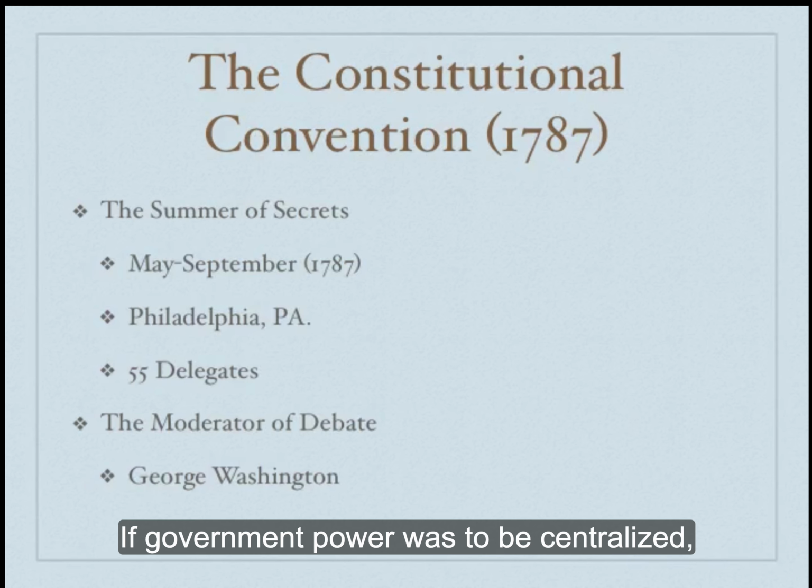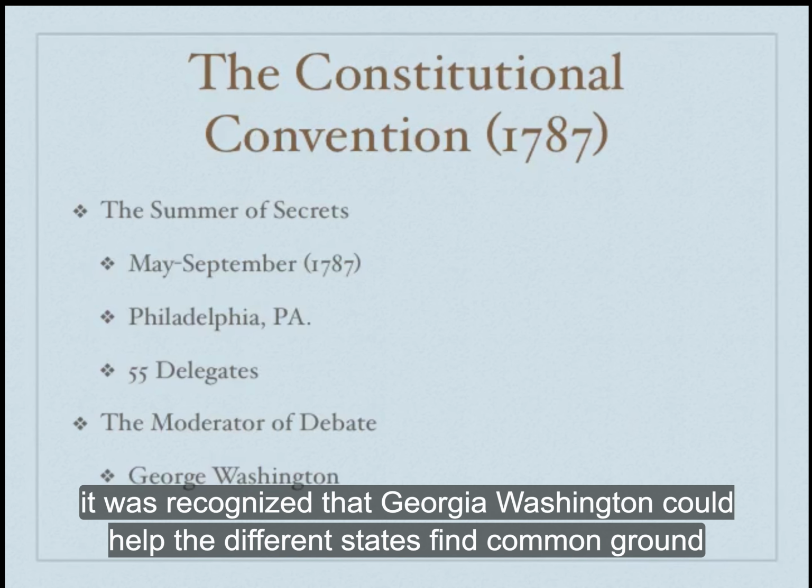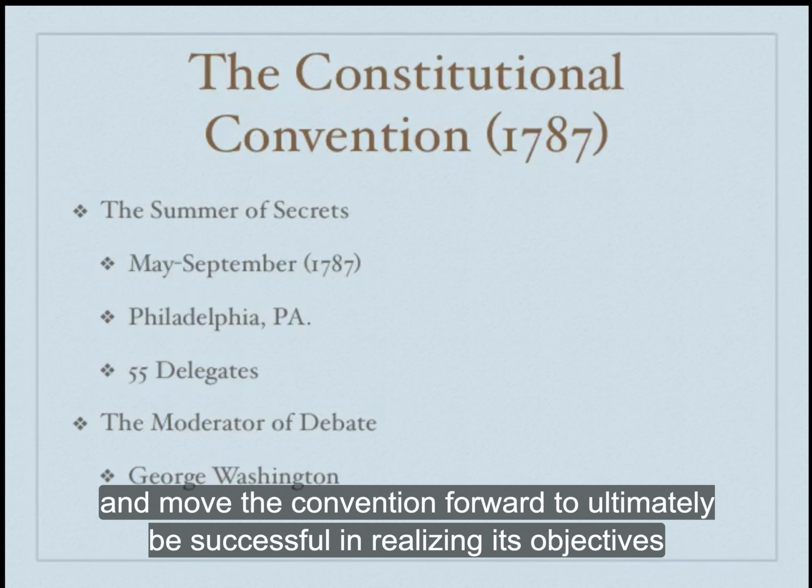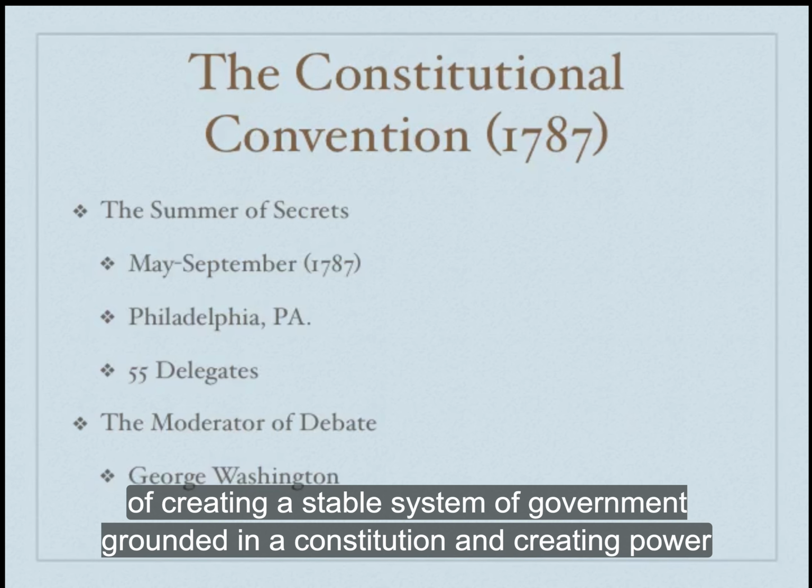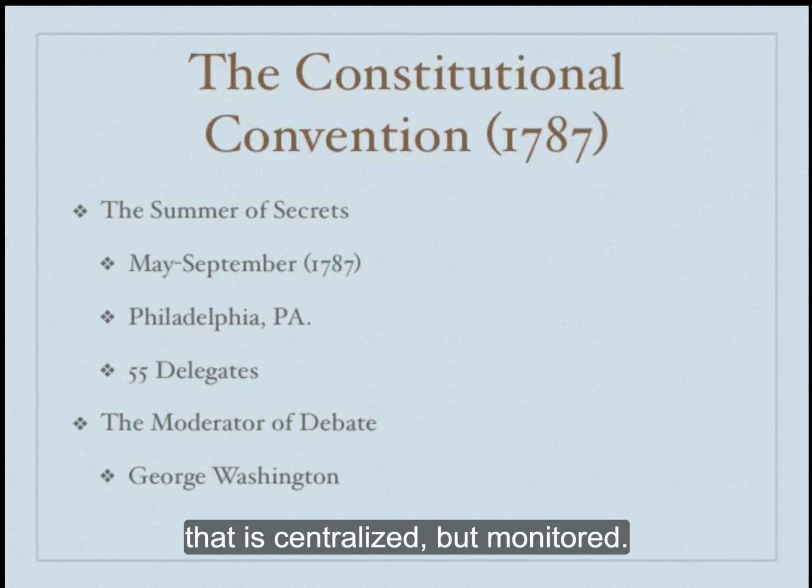If government power was to be centralized, it was recognized that George Washington could help the different states find common ground and move the convention forward to ultimately being successful in realizing its objectives of creating a stable system of government grounded in a constitution and creating power that is centralized but monitored.